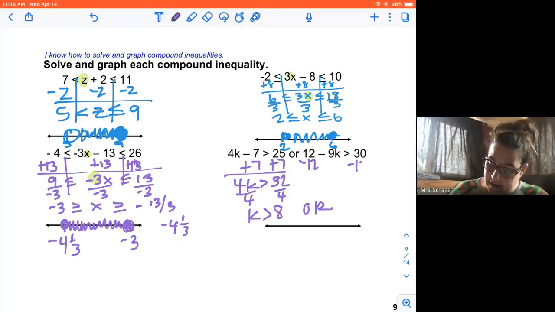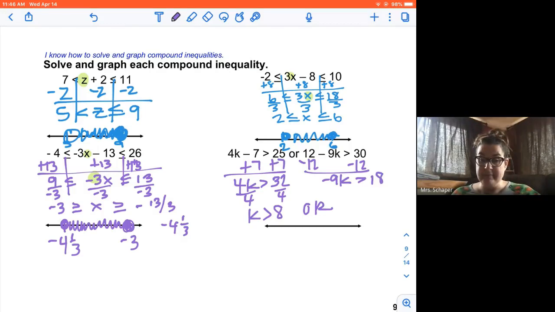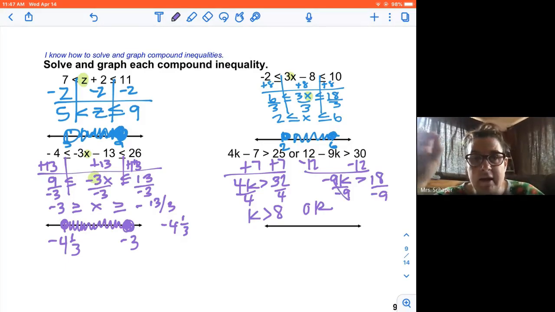Subtract 12 from both sides. I've got negative 9k is more than 18. I'm going to divide by negative 9. And when you multiply or divide by a negative number, you need to flip the inequality sign.